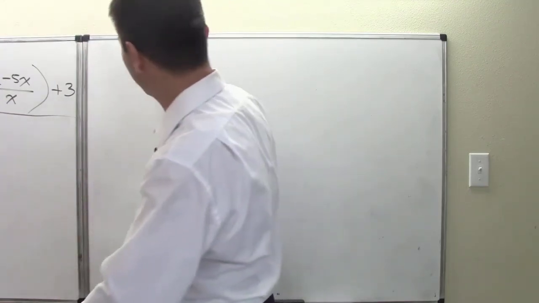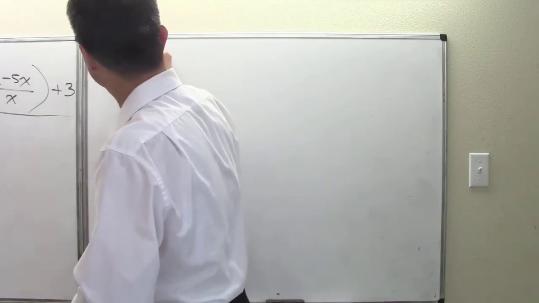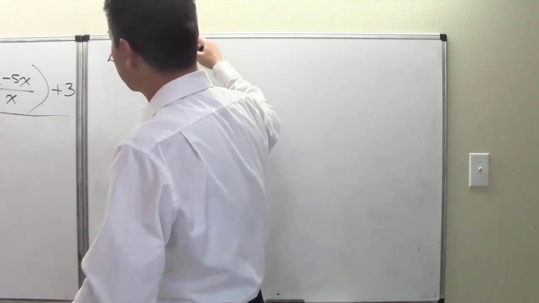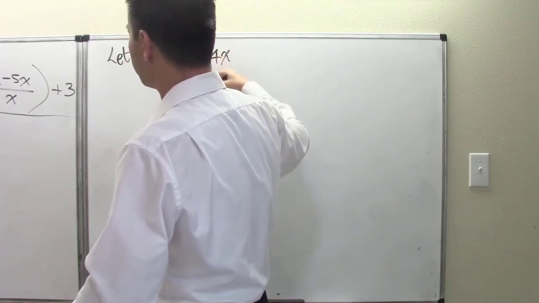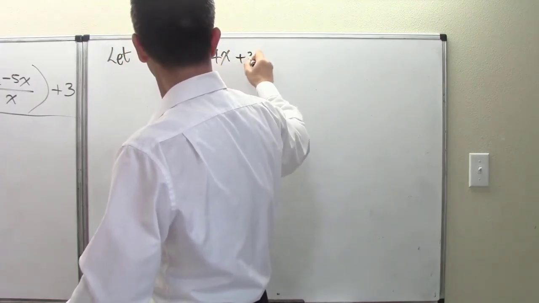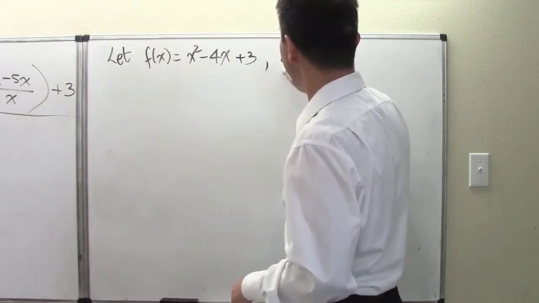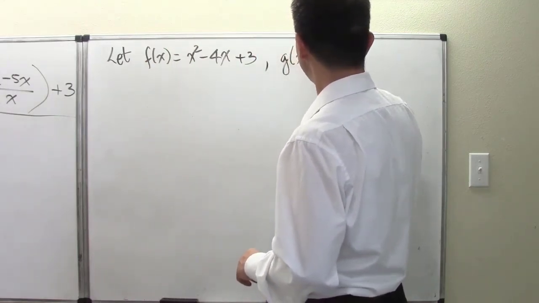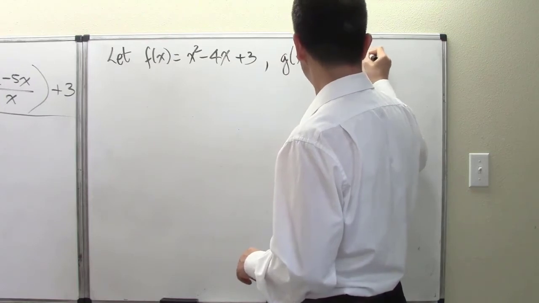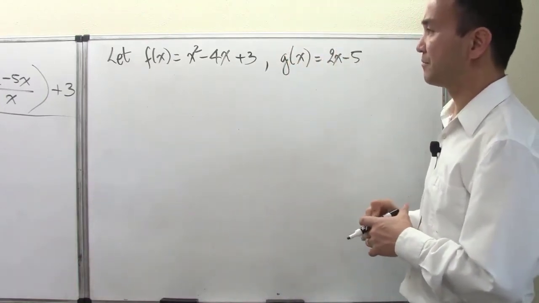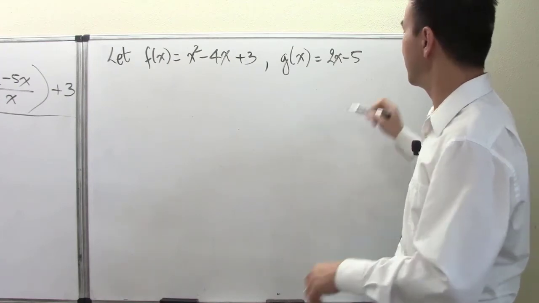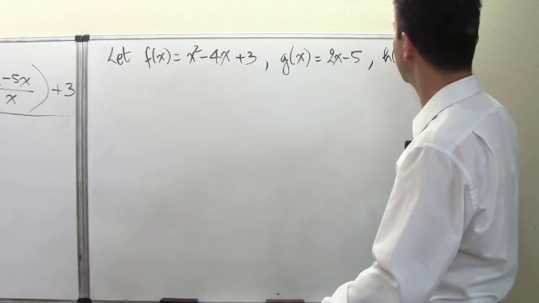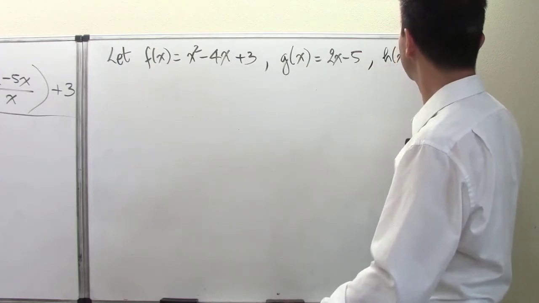So let f of x be x squared minus 4x plus 3, and g of x was 2x minus 5, and our h of x was 1 over x.